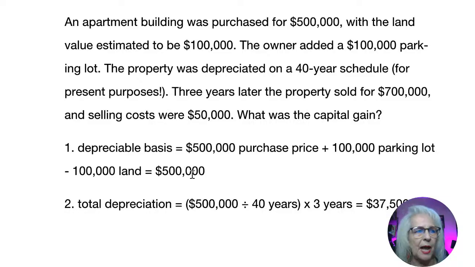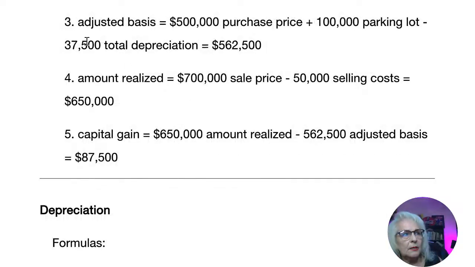The fact that it's the same amount, 500 and 500, is only because we had a 100,000 parking lot and minus 100,000 for the land. It's not always going to be that way in the real exam. So you've got the adjusted basis: the beginning value minus improvements minus depreciation gives us a new value.